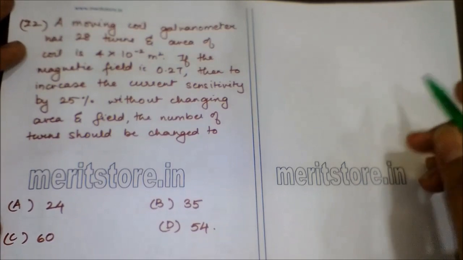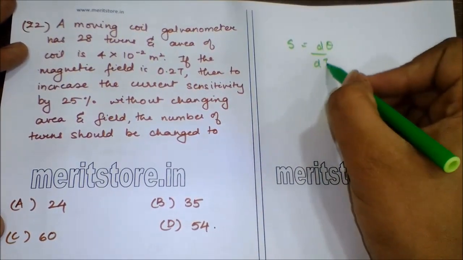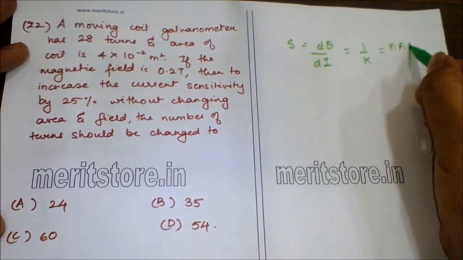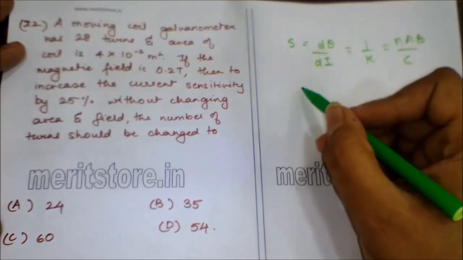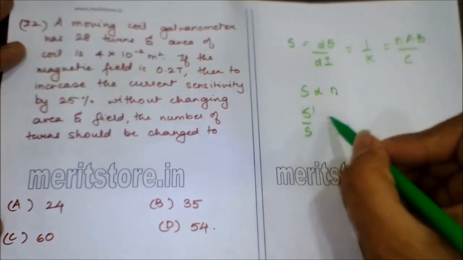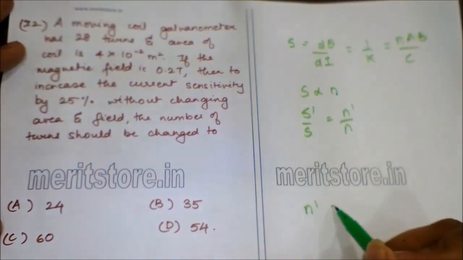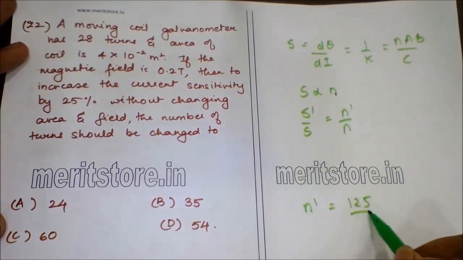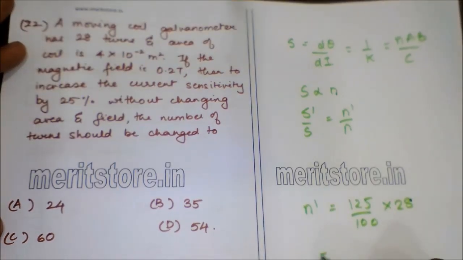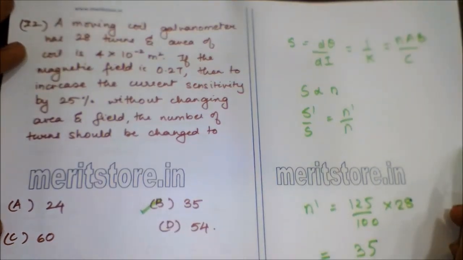So now current sensitivity S is d theta by dI, which is also equal to 1 by G, which is equal to NAB upon C. So we can say S is directly proportional to N. So S dash upon S is equal to N dash upon N. So now N dash can be written as 125 upon 100 into 28, which is equal to 35. So option B, 35, is the correct answer.